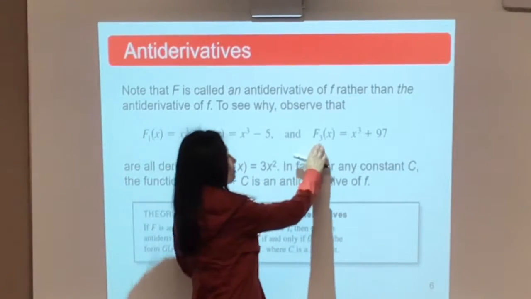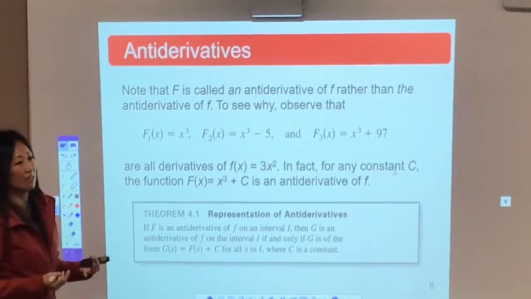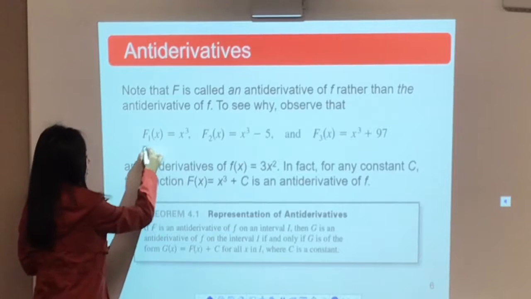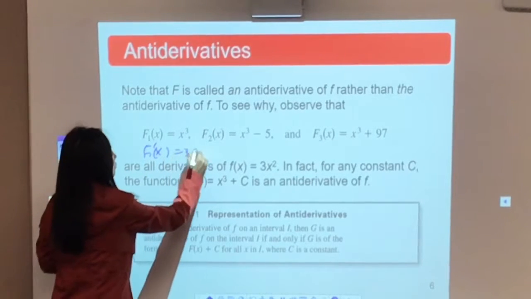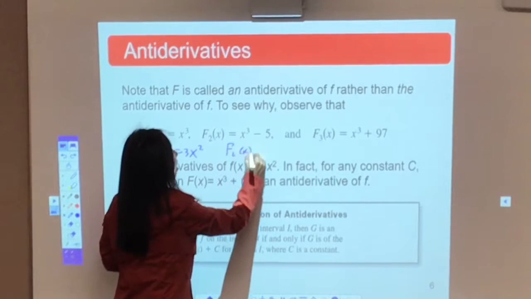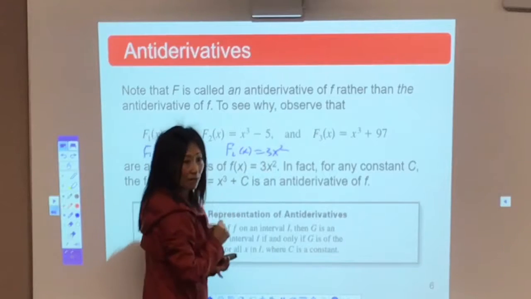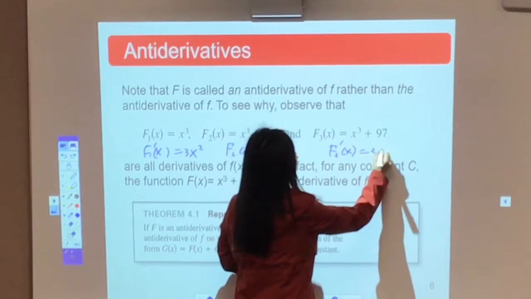Next one, F3 is this. Well, let's take the derivative. What's the derivative of this? 3x squared. The derivative of this? Again, 3x squared. Am I right? And this one? 3x squared again.